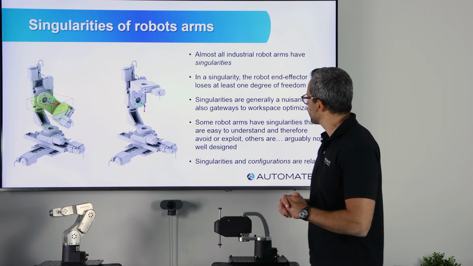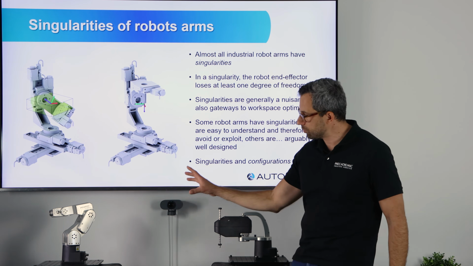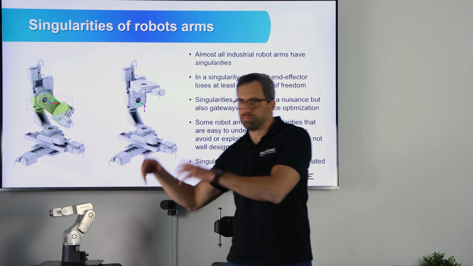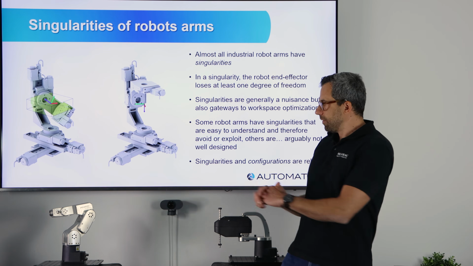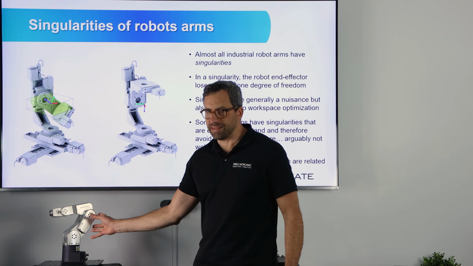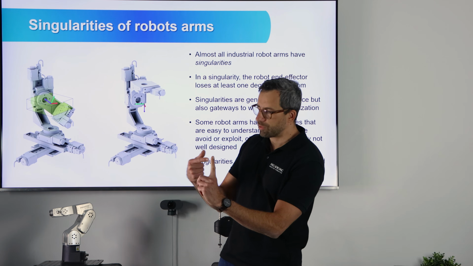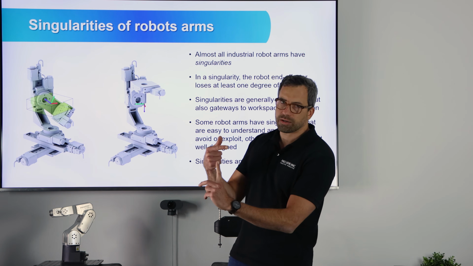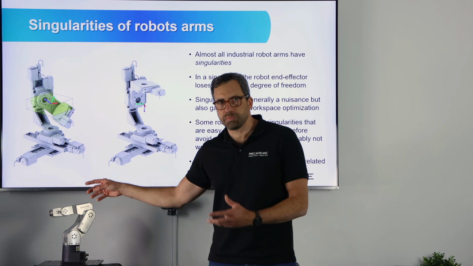So there is no such thing as an industrial robot that has no singularities. This doesn't exist. What exists is robots like this one, and like 60, I don't know, 80% of all robot arms look like this: 6 axes, first axis vertical, second and third horizontal, and then the last 3 intersect at 1 point.